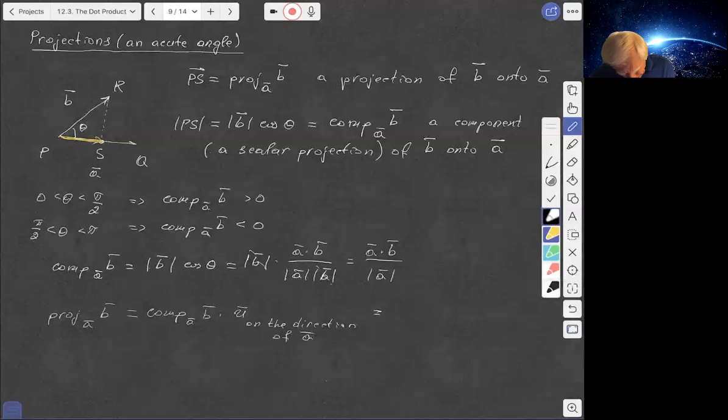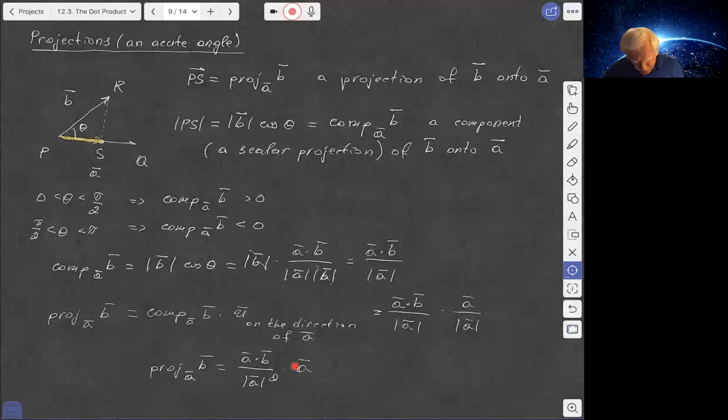The component is A dot B over the magnitude of A. While in order to find the unit vector in the direction of A, we just divide A by the magnitude of A. That means that the projection vector of B onto A can be found as A dot B over the magnitude of A squared times the vector A.